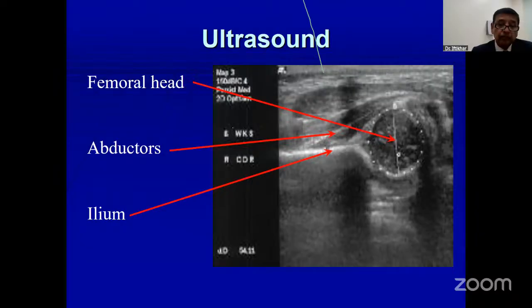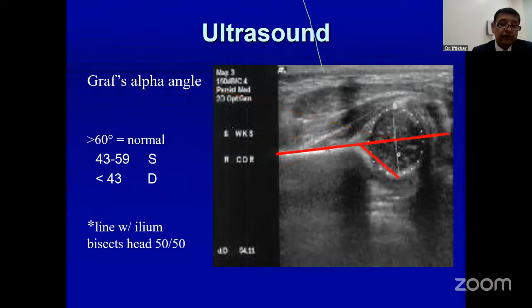If you draw here, this is Graf's alpha angle, or Graf's classification, to identify ultrasound-based dislocation or subluxation. The red line on the inner side of the pelvis gives the alpha angle. More than 60 degrees is a normal angle. If it's between 43 and 59, there is subluxation of the hip.